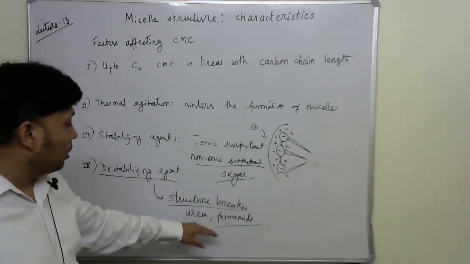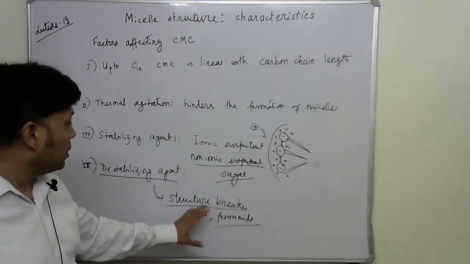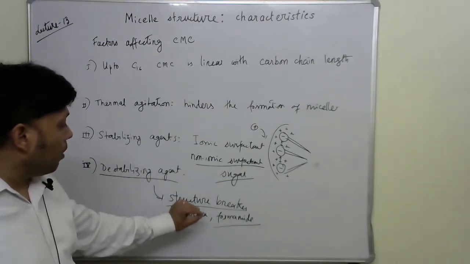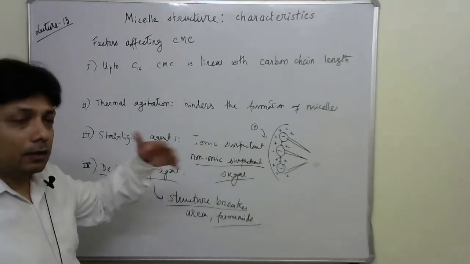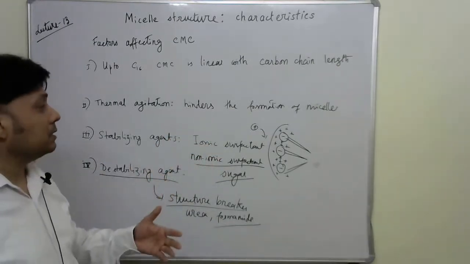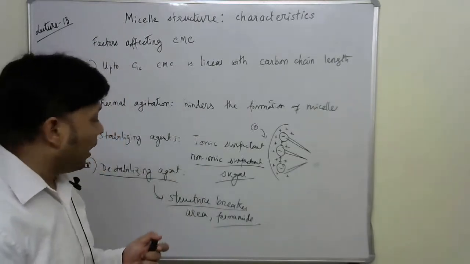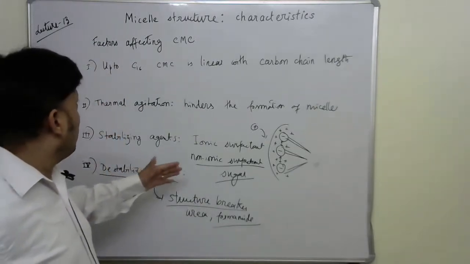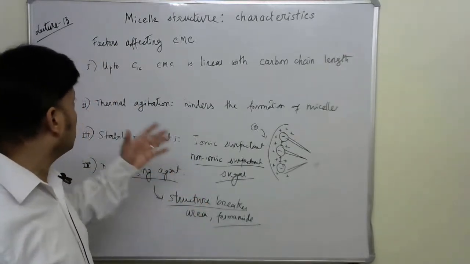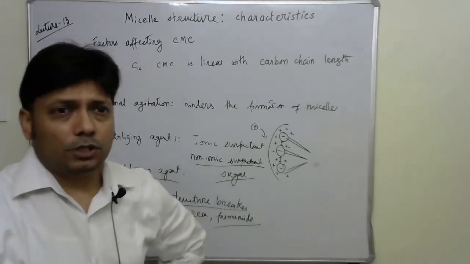If these molecules are there, they can help to break the micelle structure, and with a small amount of this destabilizing agent, you will need a very high amount of surfactant to get the micelles. That means your CMC will be higher. All right. So these are some general information about how to control or tune the CMC.